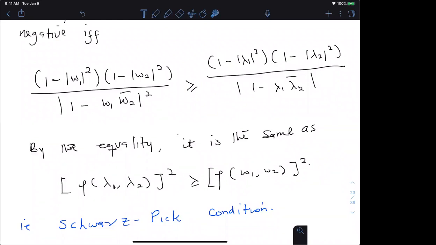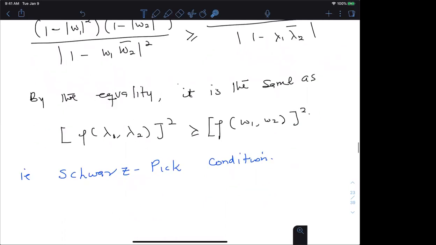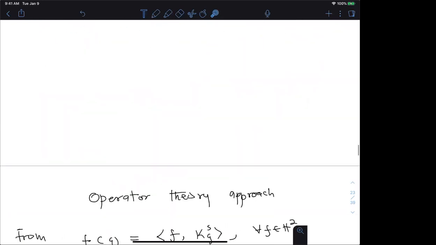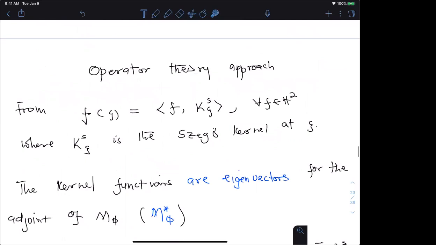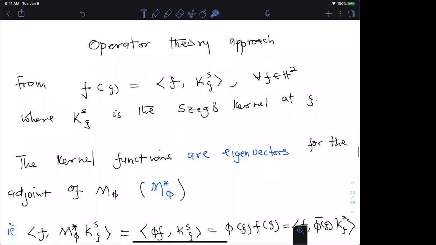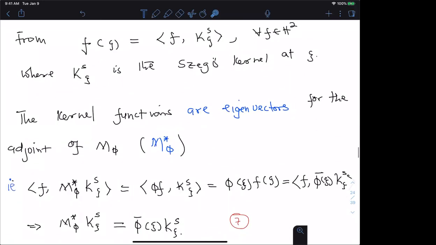So it's indeed that if the matrix associated with the Pick problem is positive semi-definite, and we have an interpolating function, then the Schwarz-Pick condition is satisfied. Now there is an operator theory flavor to this problem. There's a little bit of a connection, as we started talking about the multiplication operator.